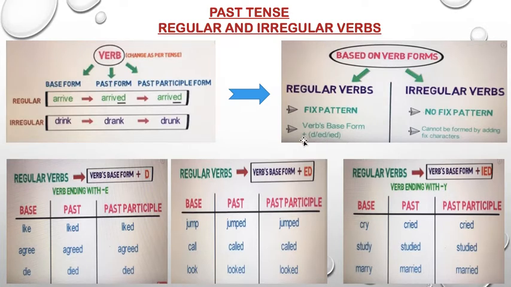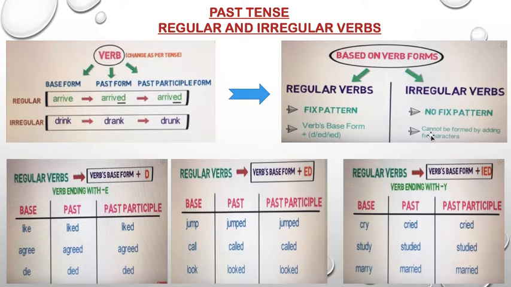So adding verb plus d, or verb plus ed, or verb plus ied. But for irregular verbs, there is no such fixed formula, fixed pattern. They cannot be formed by adding any fixed character. The whole word will be different from each other in all the forms.